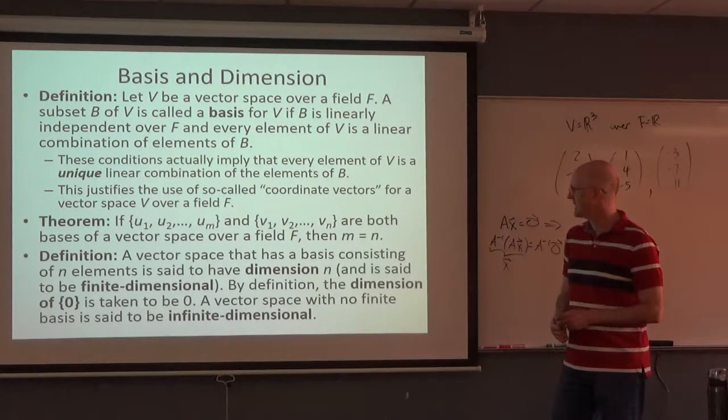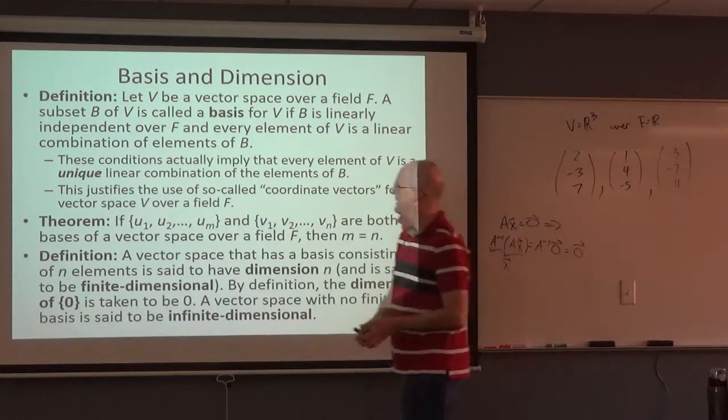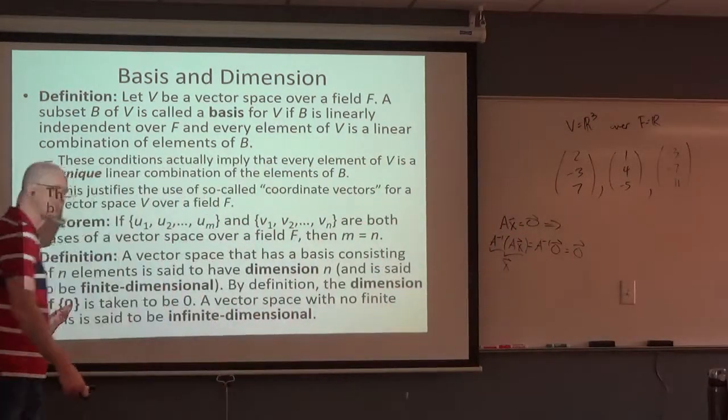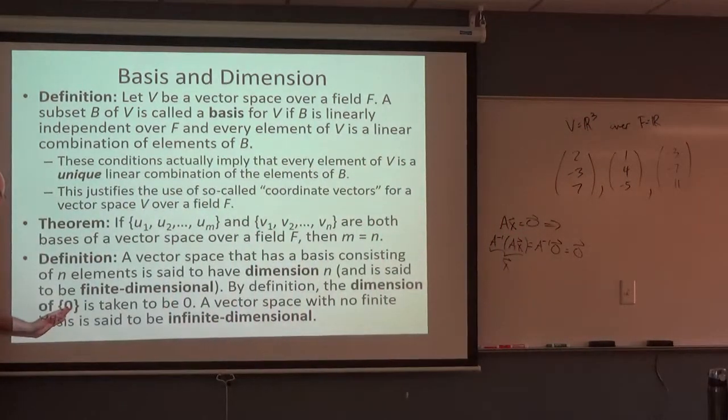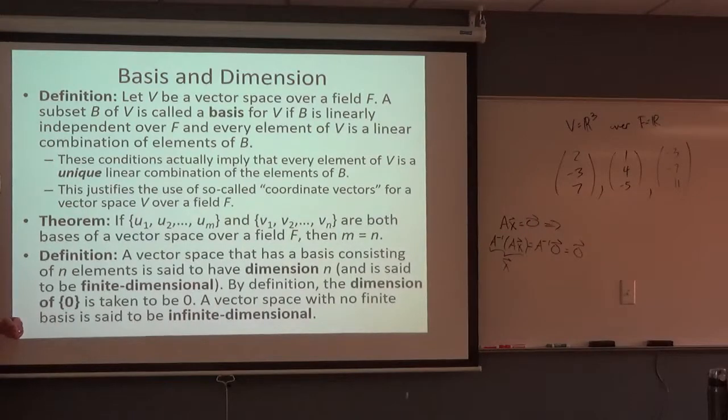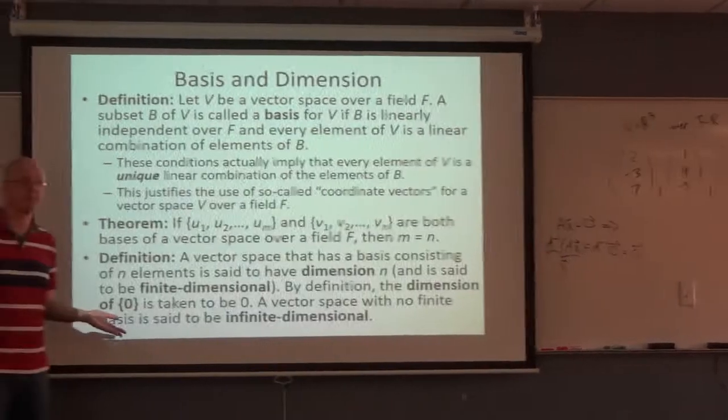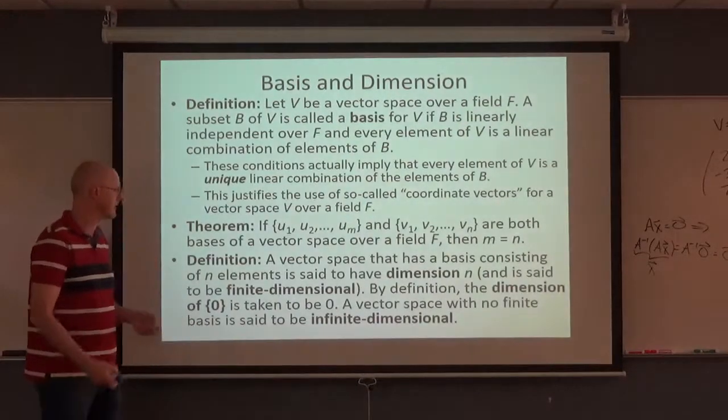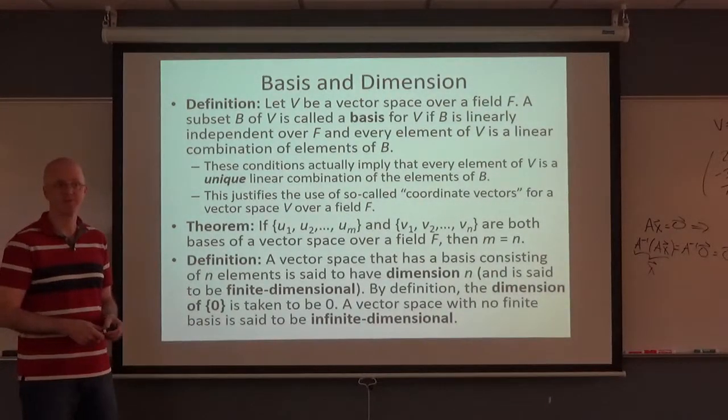By definition, the trivial vector space 0 doesn't have a basis, or you could say the basis is the empty set. The book mentions that. But by definition, we say that's zero-dimensional. And if there's no finite basis, and there are plenty of examples where there is no finite basis, then the vector space is said to be infinite dimensional.